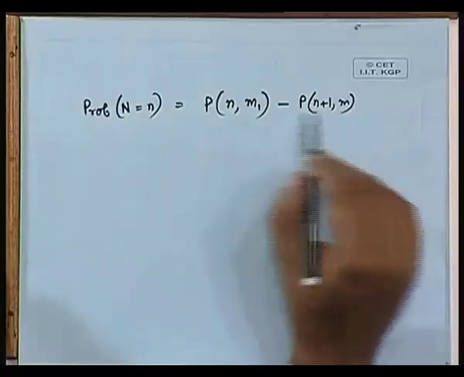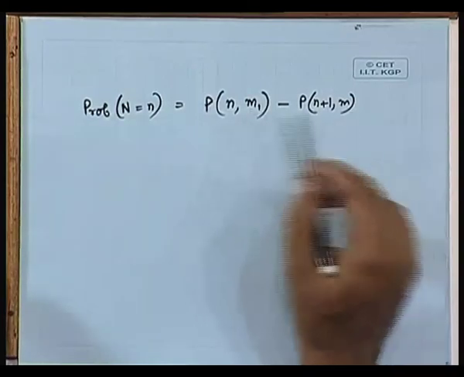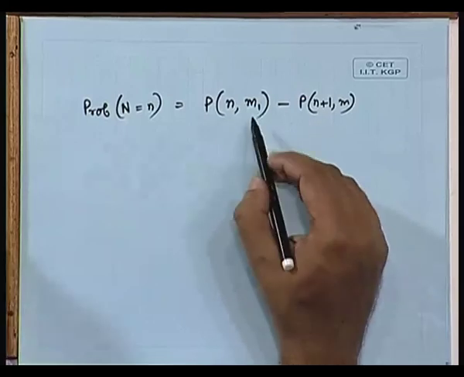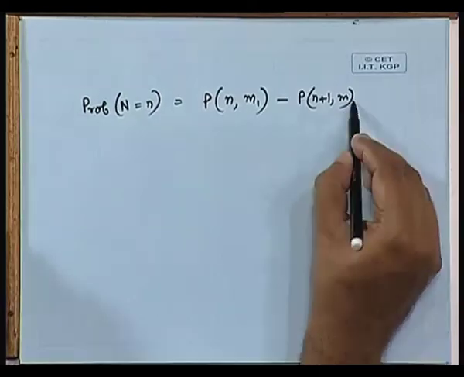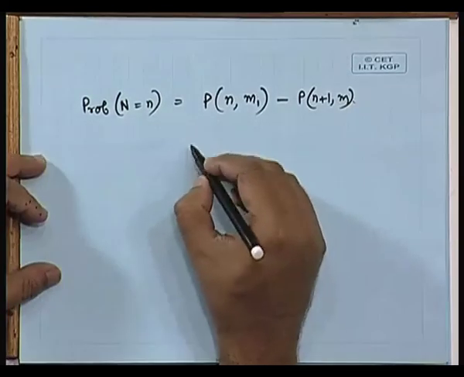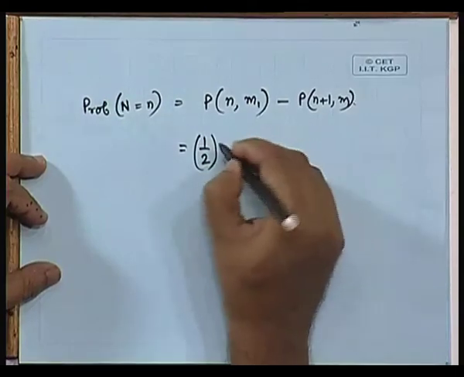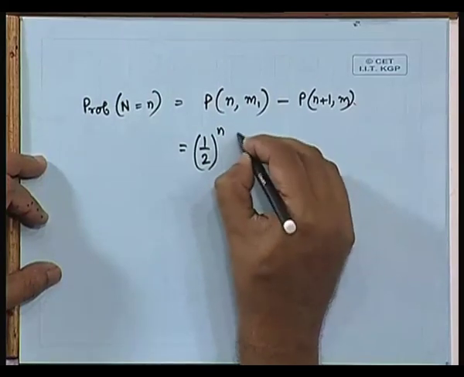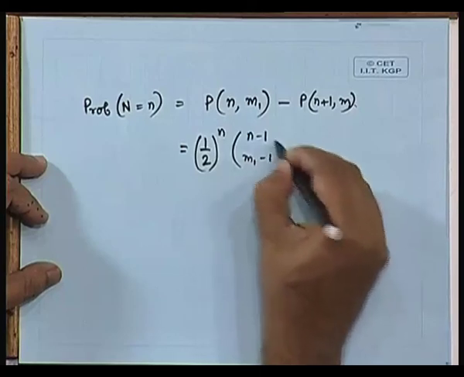So, if you substitute the expressions that we had shown in the last class for P(n, m1) and for P(n+1, m1), then we can write that this becomes equal to (1/2) to the power n times the combination (n choose m1 minus 1).